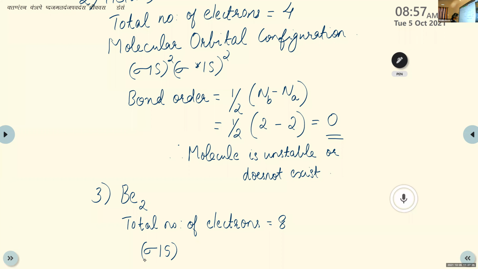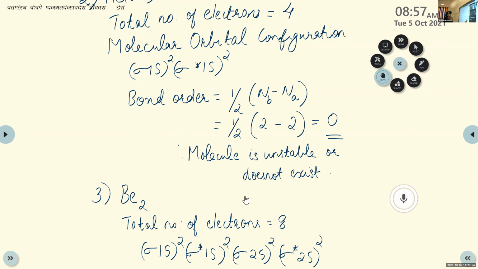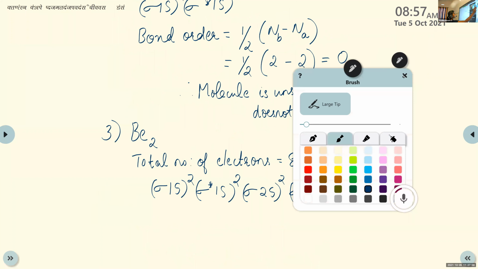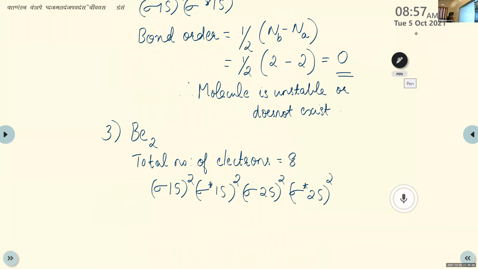Sigma 1s2, then sigma star 1s2, then sigma 2s2. Next one is sigma star 2s2. Now we can find out the bond order.